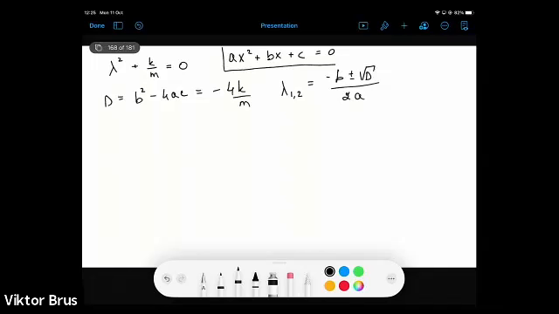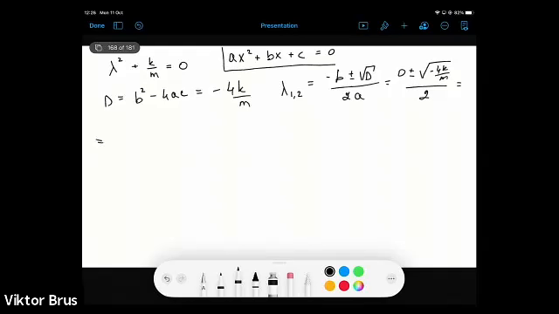A is unity, b is 0. So what we get, let's write it here: 0 plus minus square root of minus 4k divided by m. And here we divide by 2 because a in our case is unity.